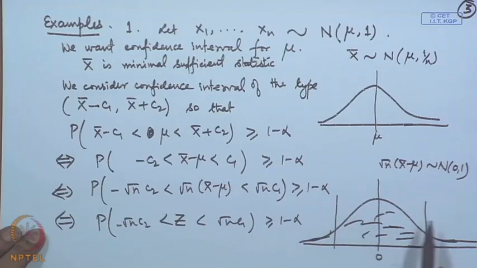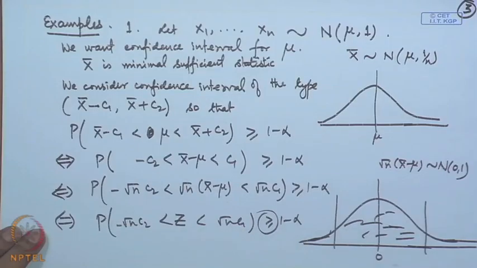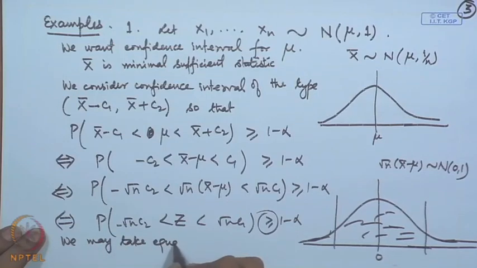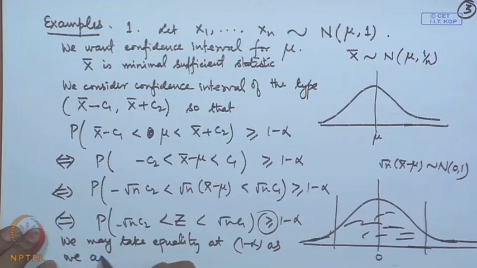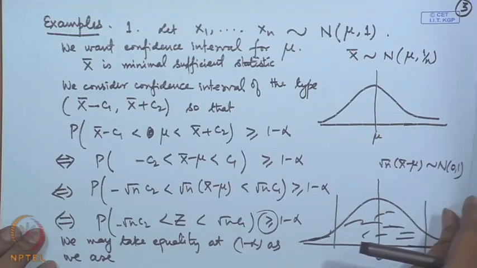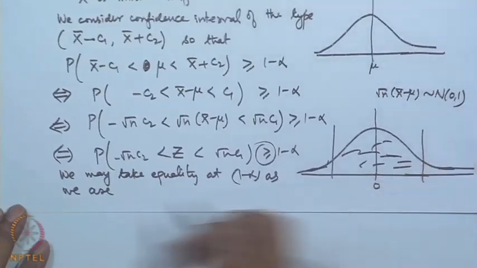Now, you can see actually we are dealing with a continuous distribution. So, we can achieve actually equality here. We may take equality at 1 minus alpha as we are considering a continuous distribution.